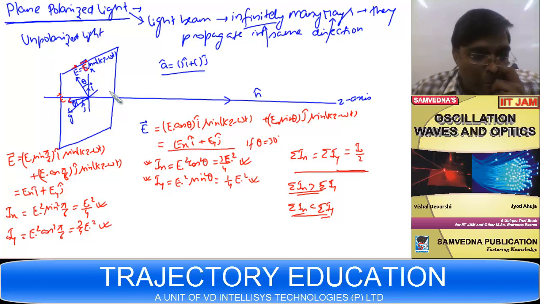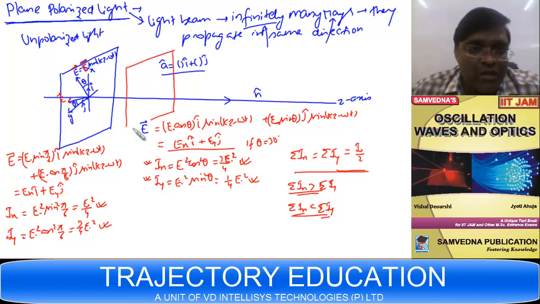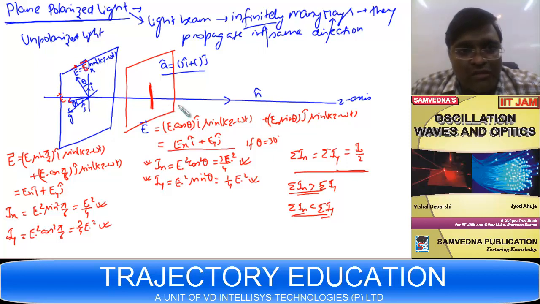Suppose the direction of the field vector associated with all the rays is lying in one direction. In that case, the light is called plane polarized.